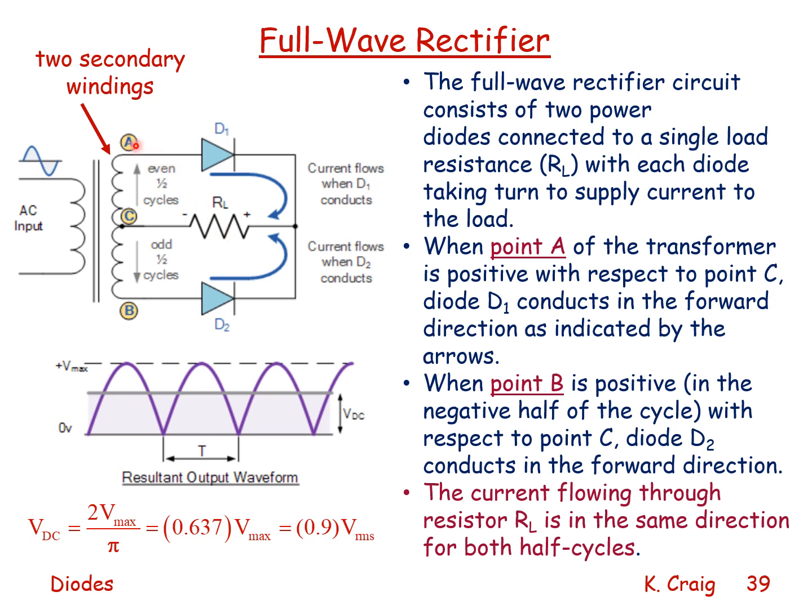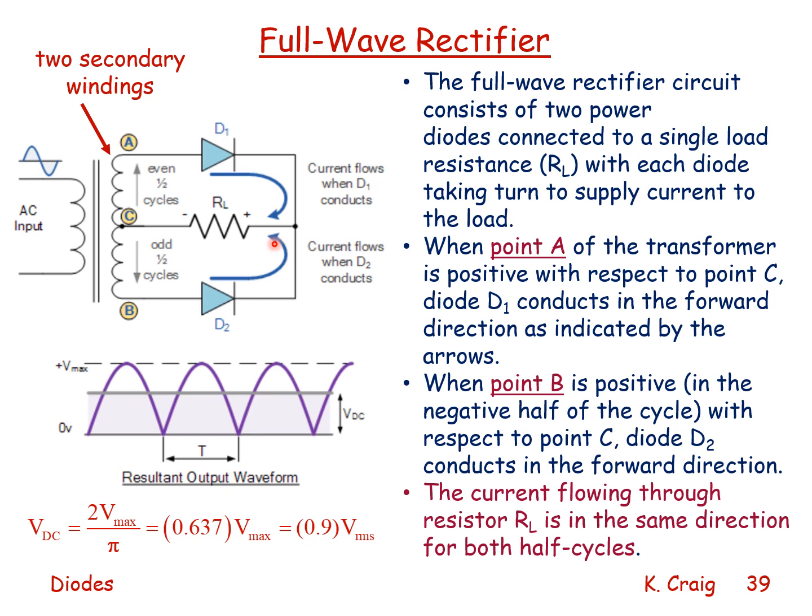When point A of the transformer is positive with respect to point C, diode D1 conducts in the forward direction as indicated by the arrow. When point B is positive, in the negative half of the cycle, with respect to point C, diode D2 conducts in the forward direction as shown by the arrow.